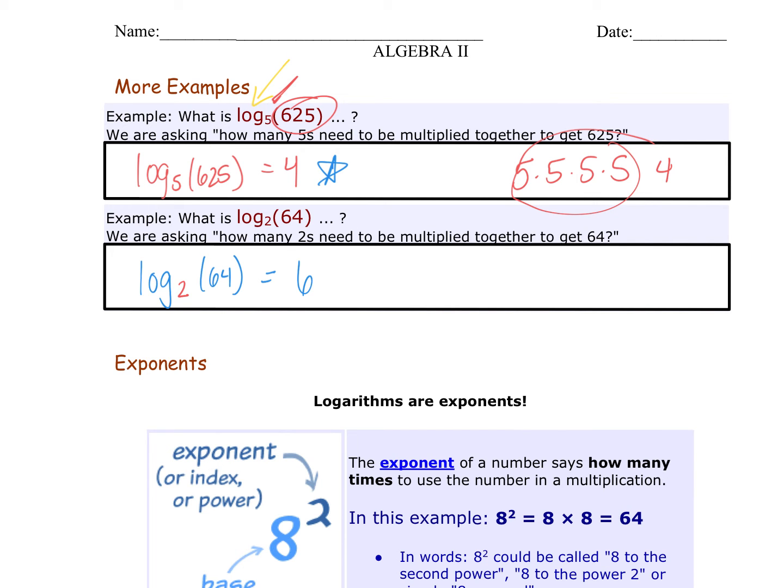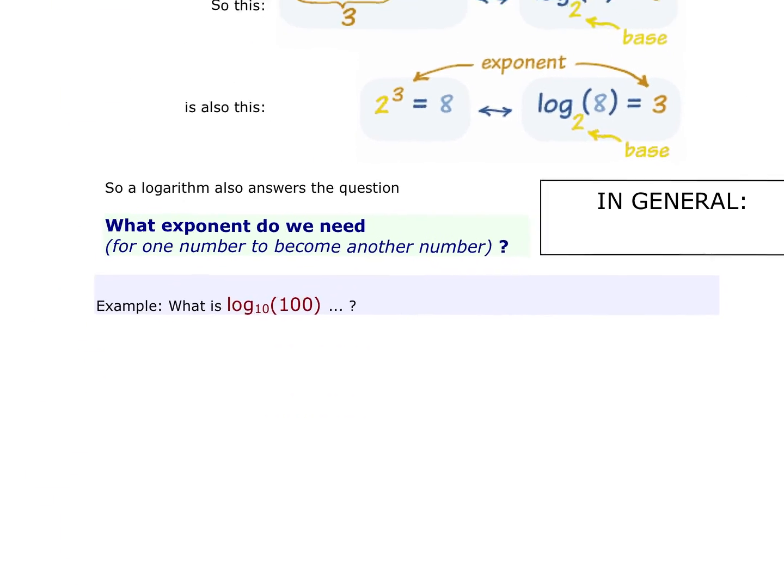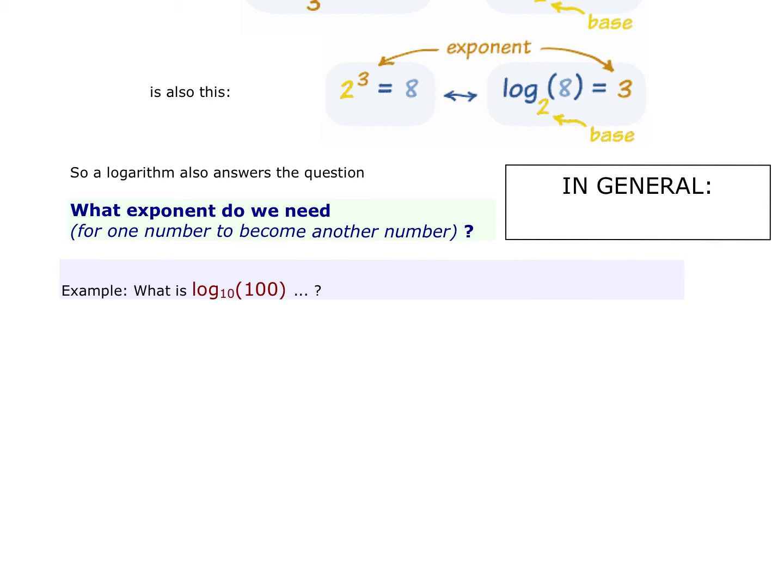All right, now, the last thing that we really need to concentrate on, I can't fit it in this general box, so I'm just going to write it down here. Like I told you before, logs and exponents are very, very similar. There are 2 different ways that we can write it: a log form and an exponent form. Log form is what I showed you before. Please write this down.